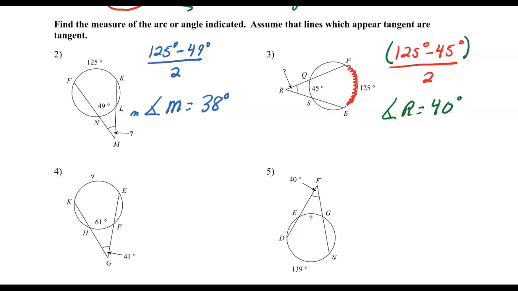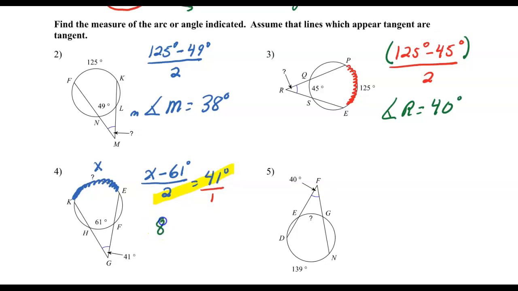In the next two problems, I'm going to use some algebra. So I'm going to call this arc x, and that's the big arc. So I'll say big arc minus small arc divided by 2 is equal to the angle. I'll put this over 1 and cross multiply.